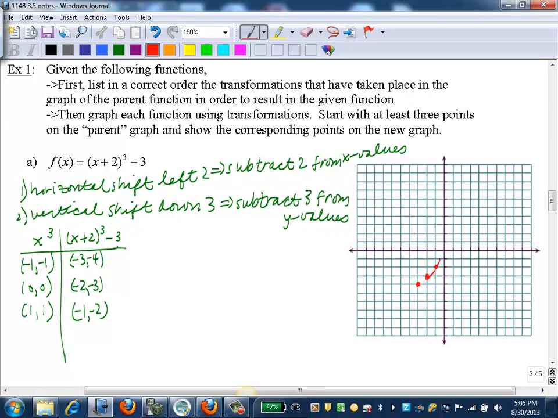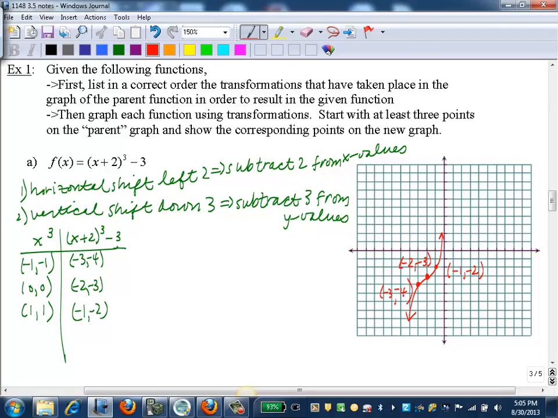And we know that increasing snake shape of an x cubed graph. Make sure that you label all these points so that I can grade them most easily on your quizzes and tests.